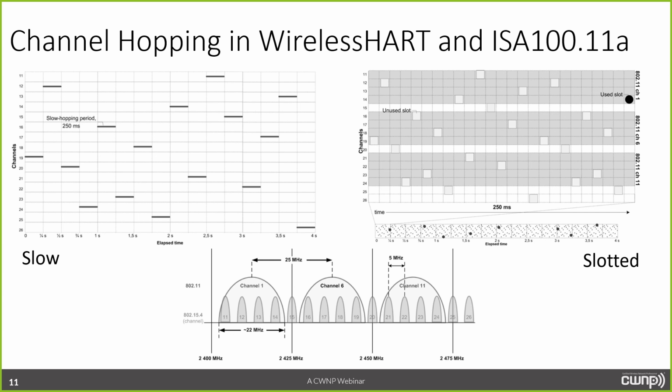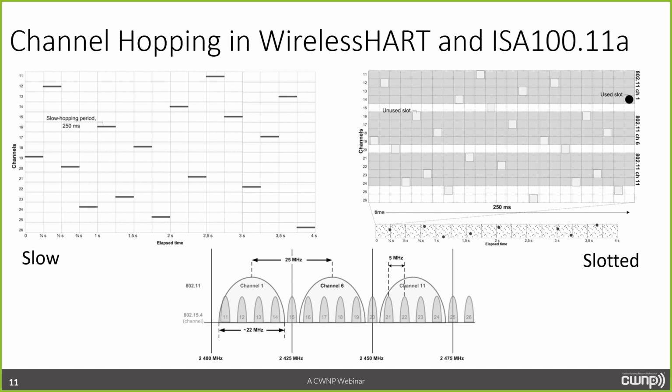ISA100.11a defines two parameters, a predefined hopping pattern and a hopping pattern offset value. So there's a predefined hopping pattern. Let's say you choose hopping pattern A, and then there's an offset value. So, okay, that's the normal hopping pattern, but here's how I want you to vary it. So it defines both of those different parameters to make adjustments to the hopping patterns.